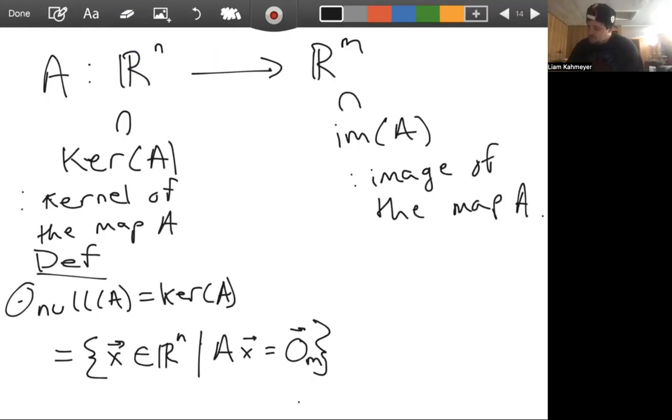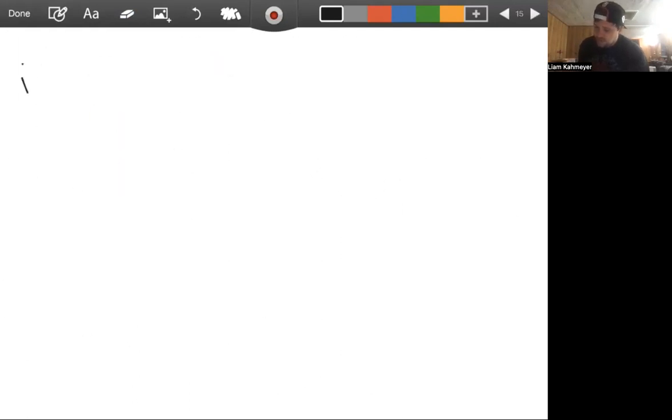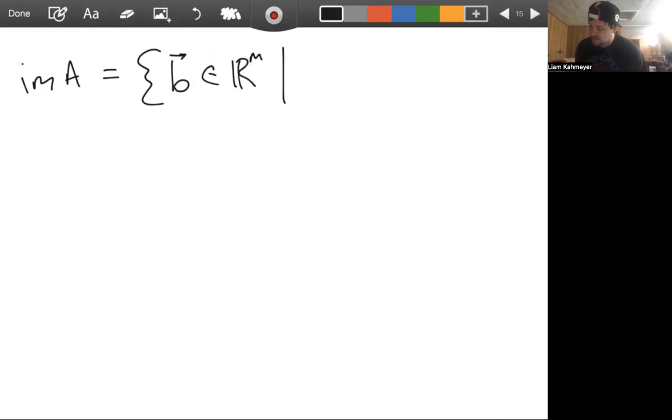What about the image? The image is everything that A hits, basically. And if I was looking at this in b, this is b in Rm such that Ax equals b, right?